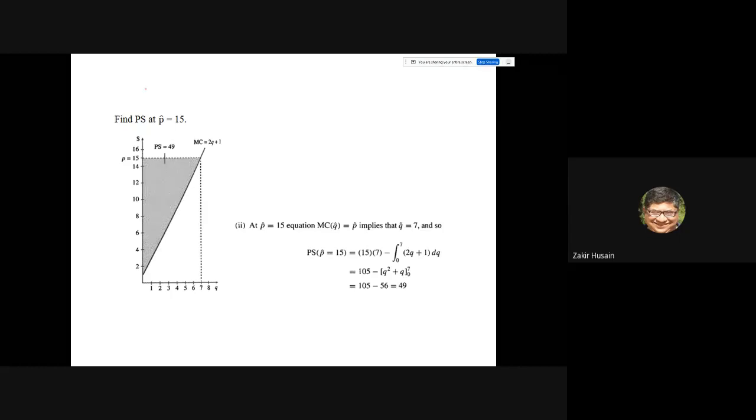Okay, now what I'm saying is the function. The function is P equal to 2Q plus 1. So what is the inverse function of this?